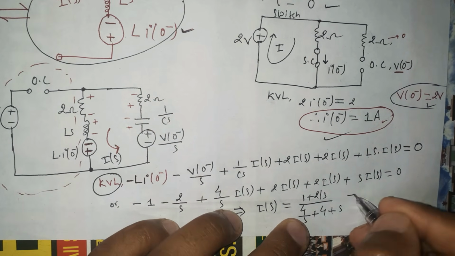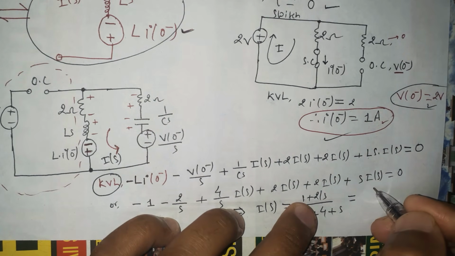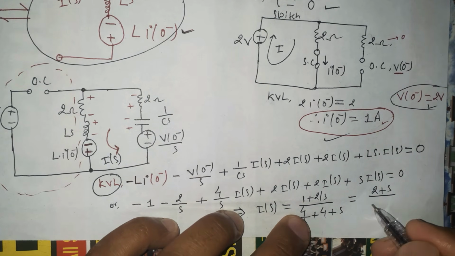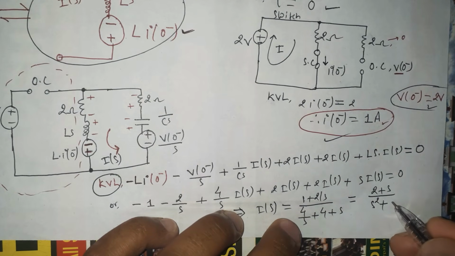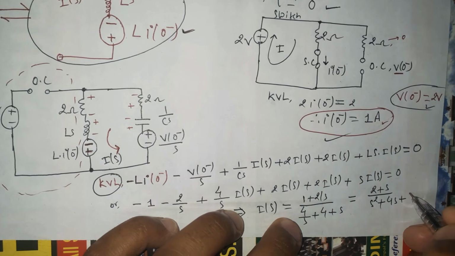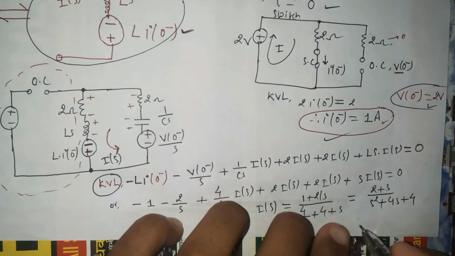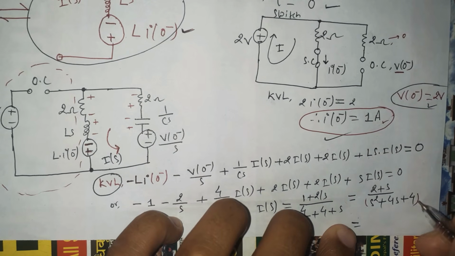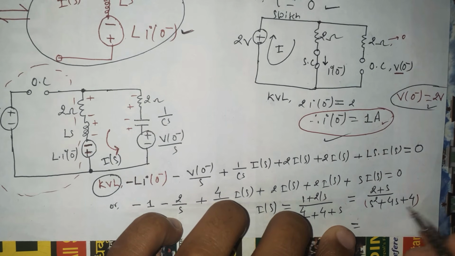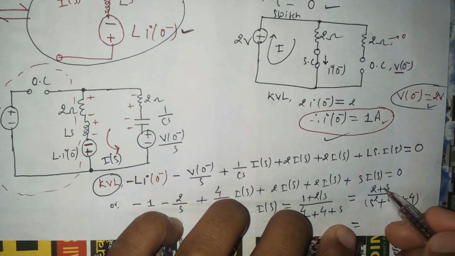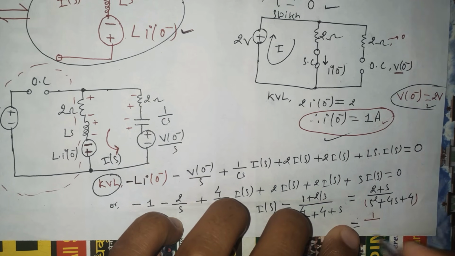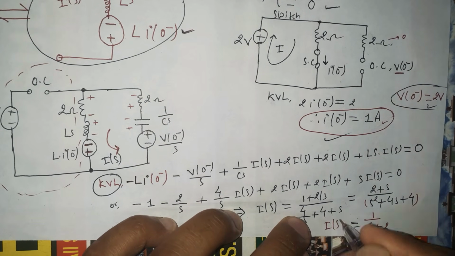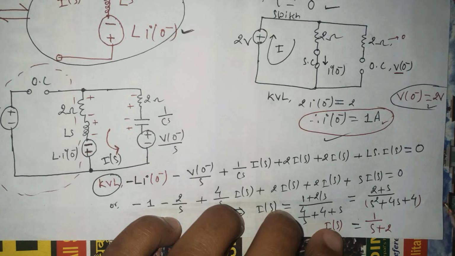Let's simplify this expression: this will be 2 plus s over s square plus 4s plus 4. The denominator can be written as a perfect square, s plus 2 whole square, and with the s plus 2 in the numerator, finally we obtain 1 over s plus 2. This is the value of I of s.